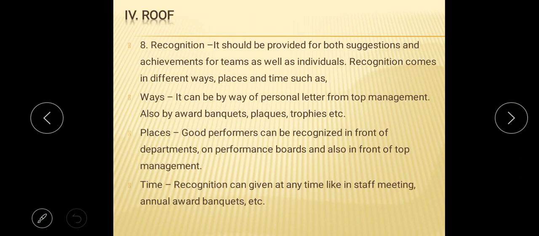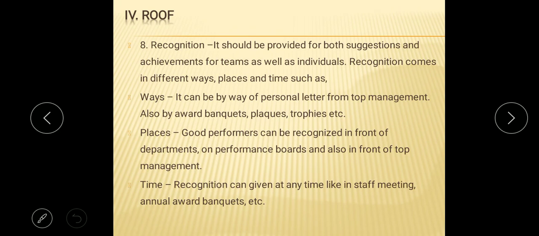The last and the final structure of the building is the roof, and the final element lies on the roof, and it helps to build the roof, and that is recognition.